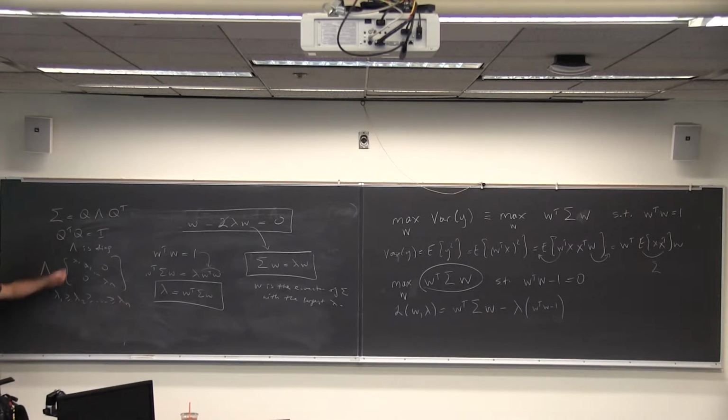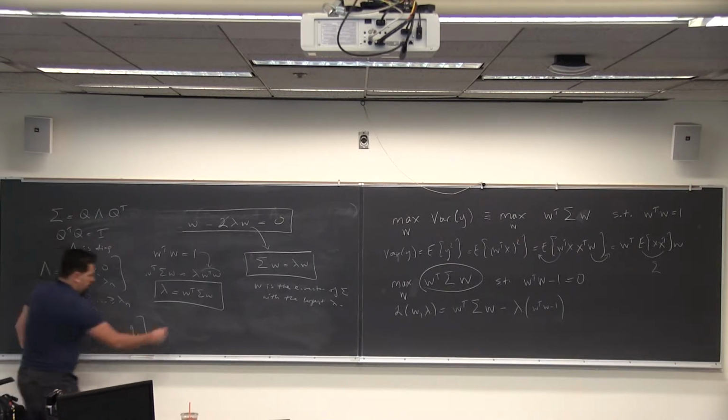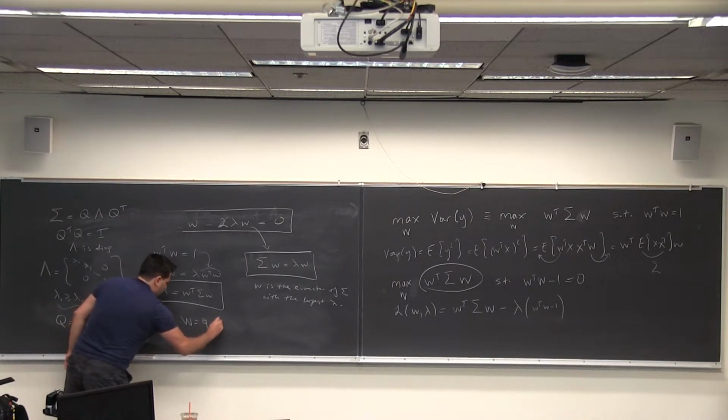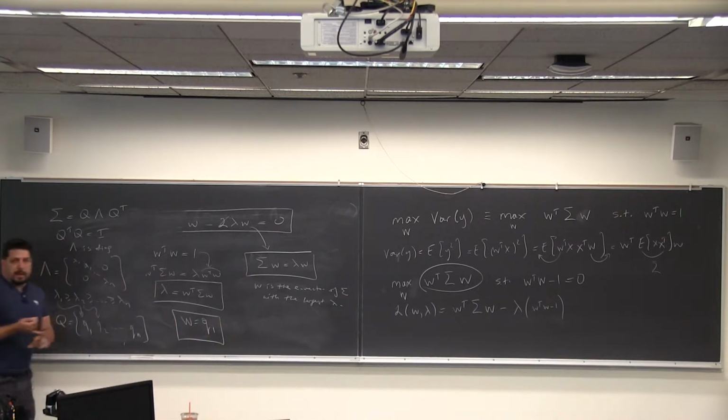So we order the eigenvalues from large to small, sort the eigenvectors accordingly, so that in the first column of Q, I have the eigenvector for the largest eigenvalue. Second column of Q is the eigenvector for the second eigenvalue, and so on. So W must be then Q1, the eigenvector with the largest eigenvalue.